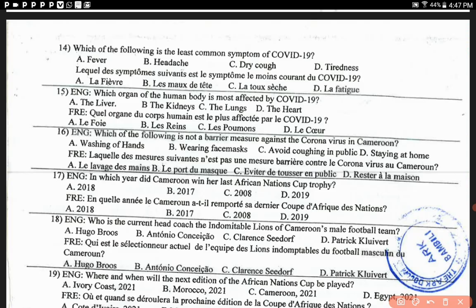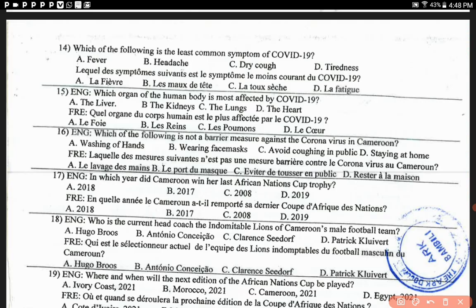May the answer not shock you. Let's look through it. We have fever, headache, dry cough, tiredness. Fever, dry cough, and tiredness were among the most frequent presenting symptoms of COVID-19.